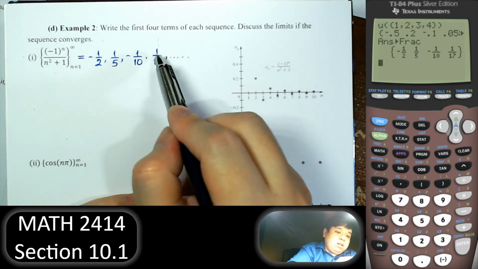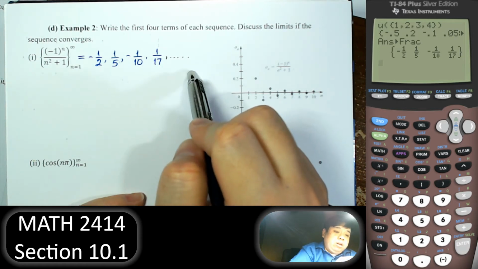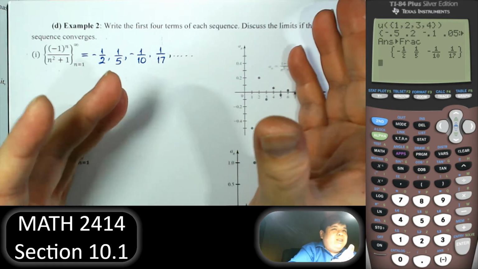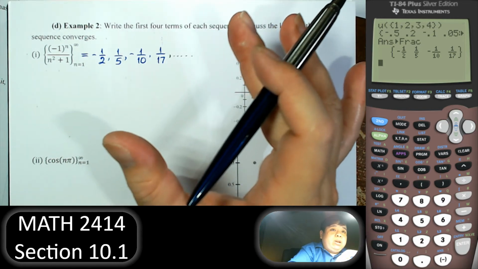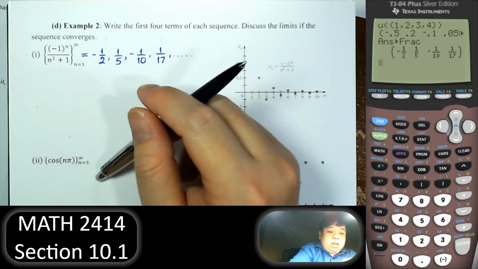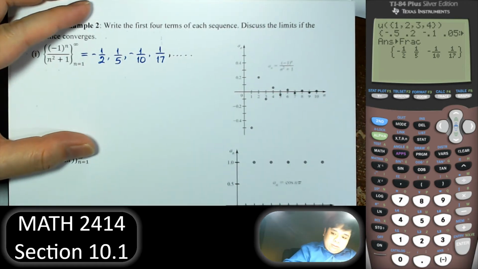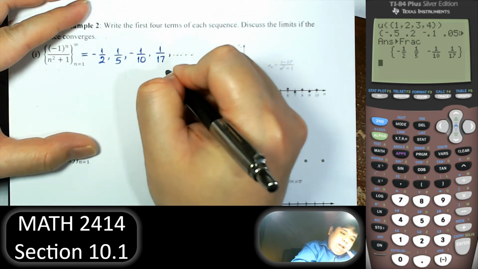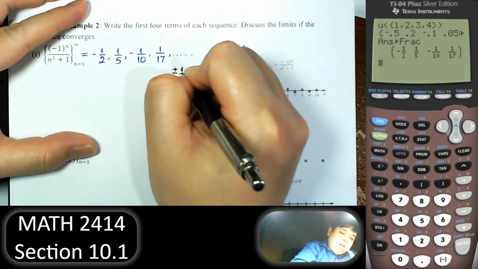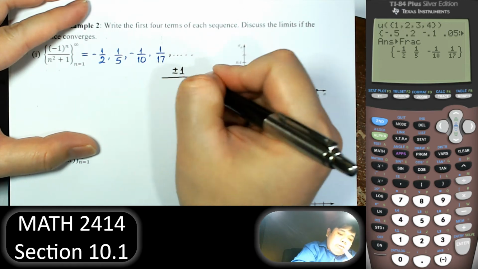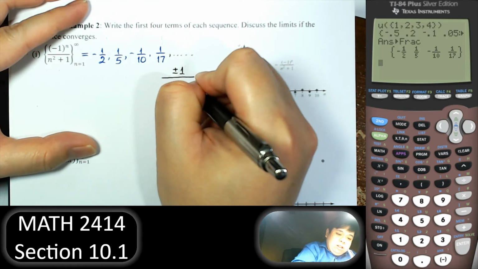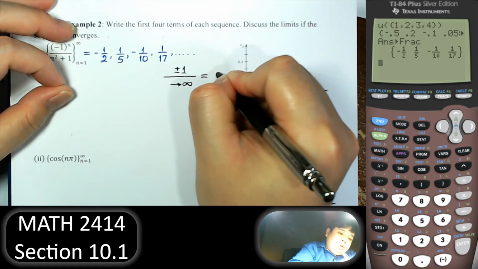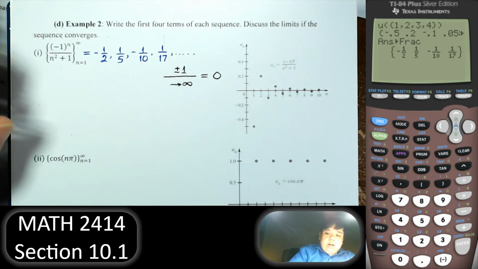As n increases, the denominator goes to infinity, and in that case the finite number on the top, positive or negative, doesn't matter. If this continues, we're going to have either plus or minus 1 on the top, but the bottom goes to infinity. So we have a finite number divided by infinity, so that will go to 0. So the limit of the sequence goes to 0.